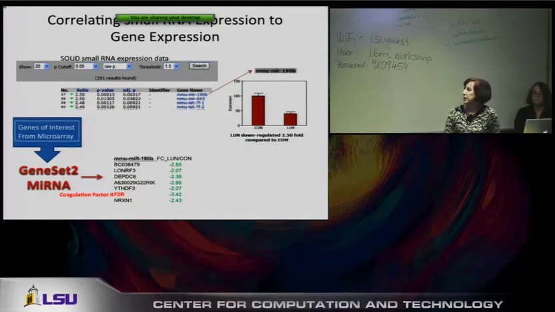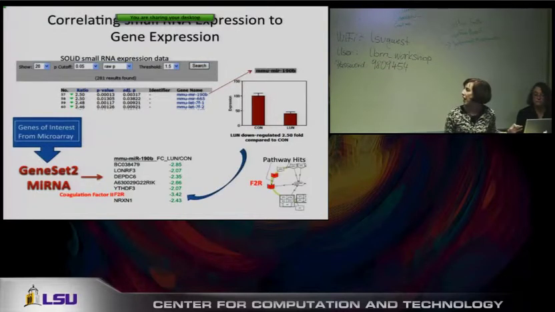We were particularly interested in the coagulation factor 2 gene. And we found when we go to a pathway algorithm that it is an angiogenesis pathway. And so now we've made a biological story that's connecting our small RNA to our gene expression and to a phenotype in our animal.